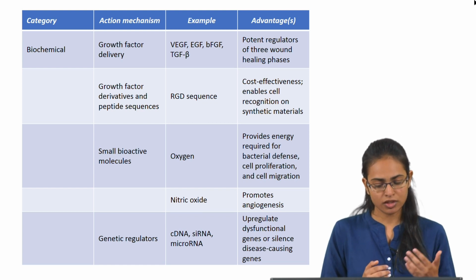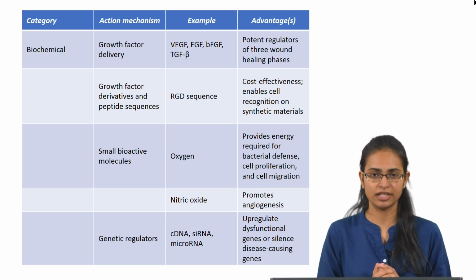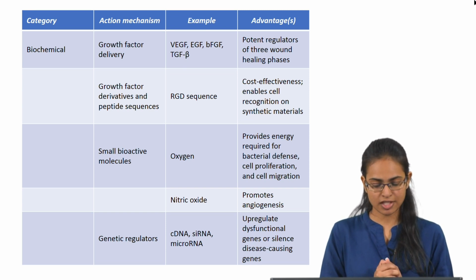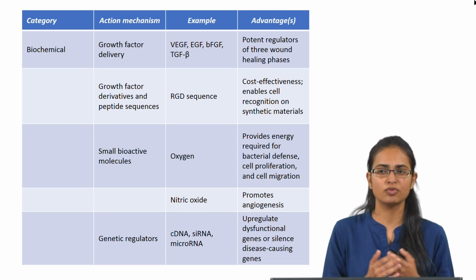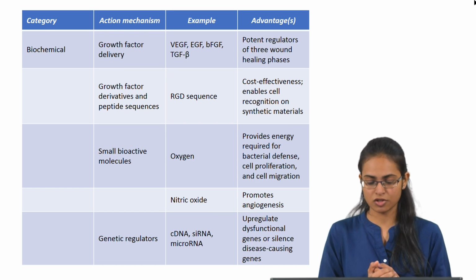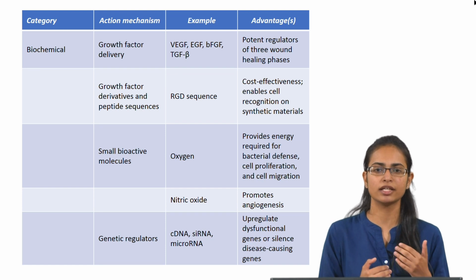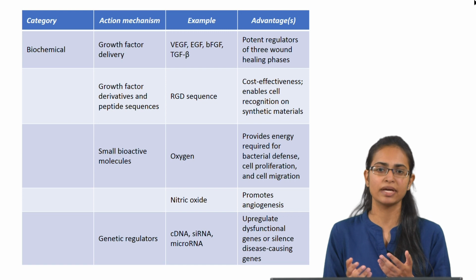Other molecules, such as small bioactive molecules, can also be incorporated into the graft. One such molecule is oxygen. Oxygen levels have been found to be low in chronic wound tissues. Oxygen level is considered important because it provides energy for bacterial defense, for cell proliferation and also for cell migration.